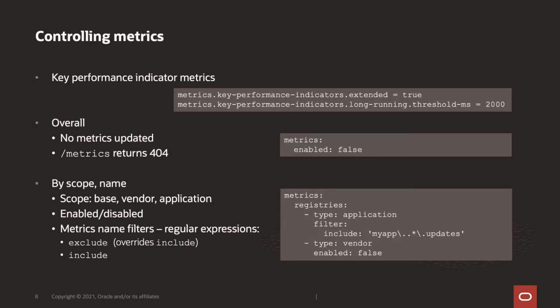You can also control metrics by scope and name within scope. Recall that metric scopes can be base, vendor, or application, and each metric is categorized into exactly one of these scopes.